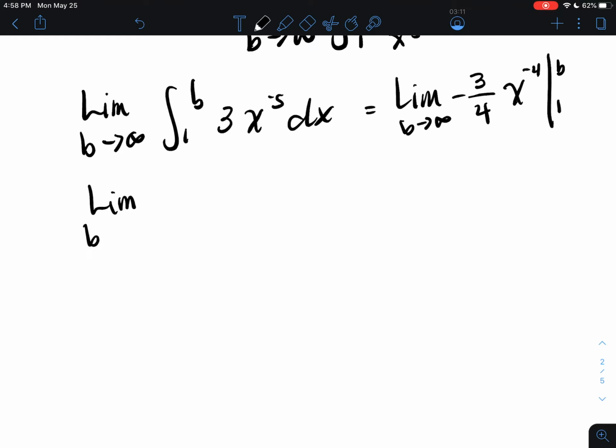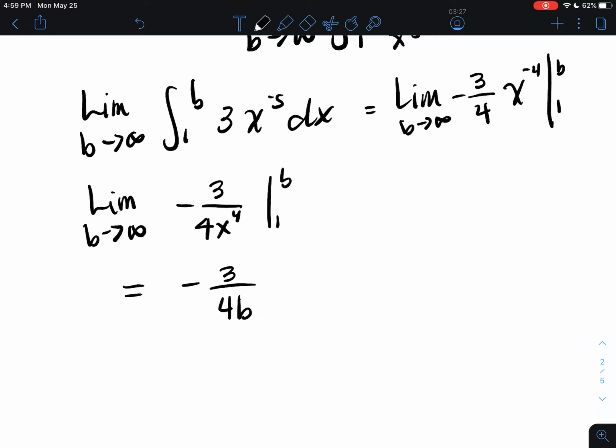Let's rewrite it correctly with no negative exponents. So I have negative 3 over 4x to the 4th evaluated from 1 to b. Evaluating, I get negative 3 over 4 b to the 4th minus negative 3 over 4 times 1 to the 4th. I forgot my limit.